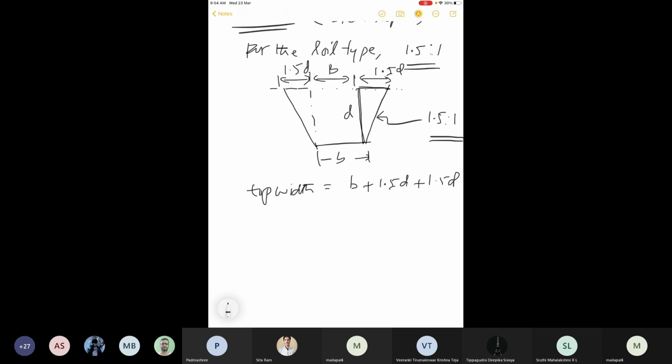So the top width will be B plus 1.5 D plus 1.5 D. So that is B plus 3D. So this is the top width.